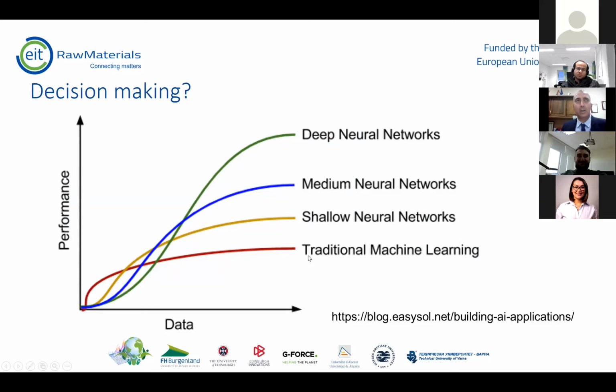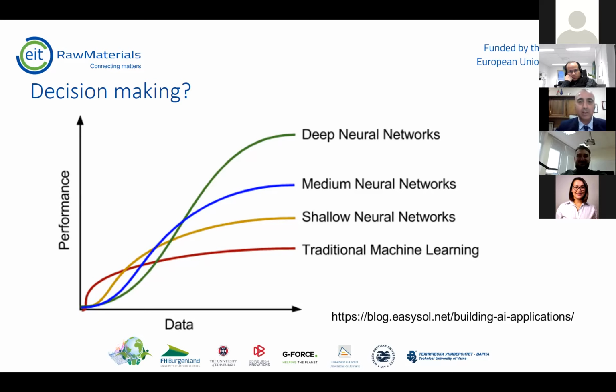And when it is about decision making, we also have to consider that decision is based on data. And depending on the data you have for model creation, we can achieve different performance.